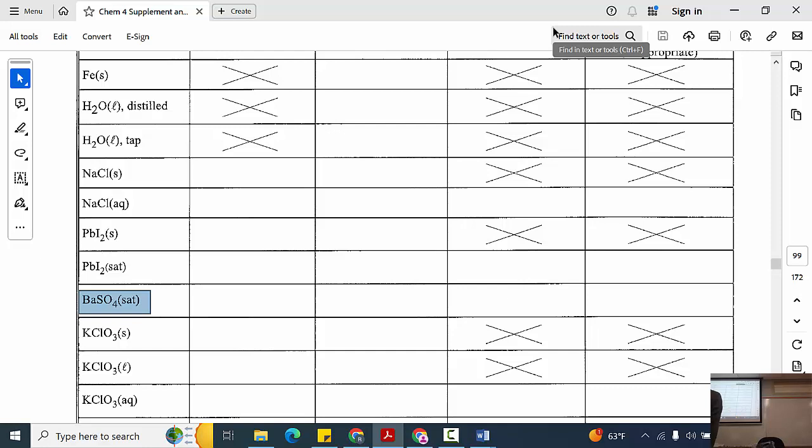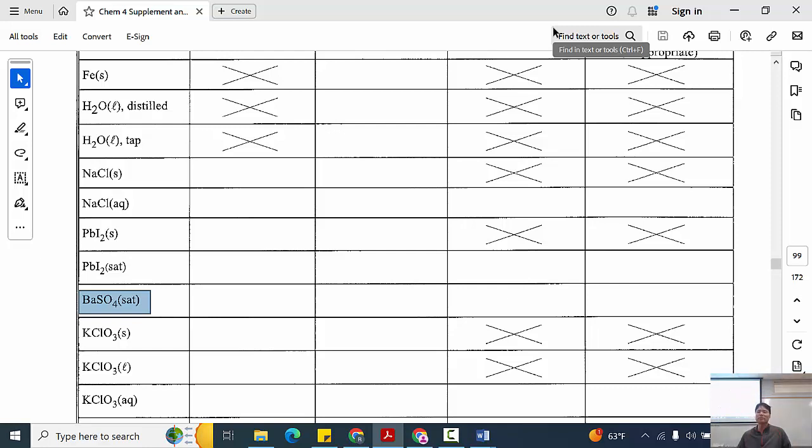And so what do we say? We're going to say barium sulfate is a strong electrolyte, but with limited solubility. It's a strong electrolyte, meaning that what does dissolve breaks apart, but so little of it dissolves because it's insoluble.